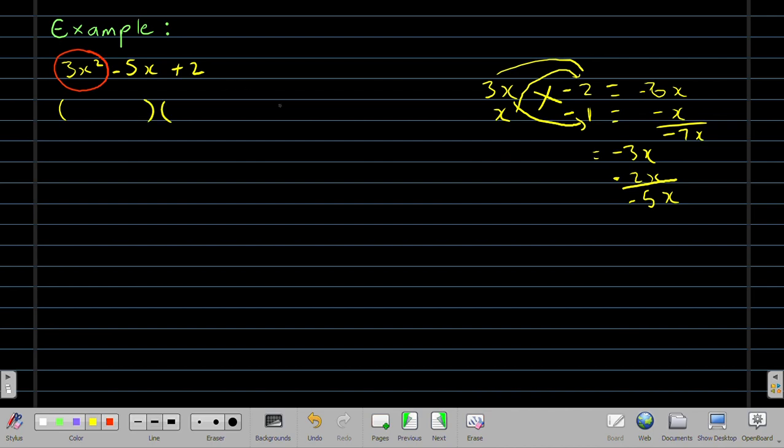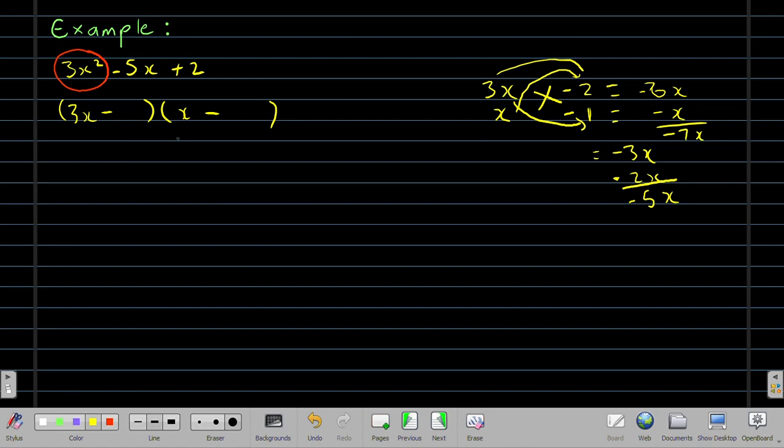So we open up the brackets. Both of them will be minus here. We have 3x this side and x this side. Since we actually had to change up the order here, you're going to have to be really careful about which bracket this -2 or this -1 falls in.